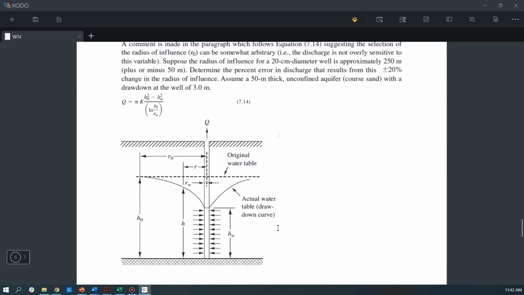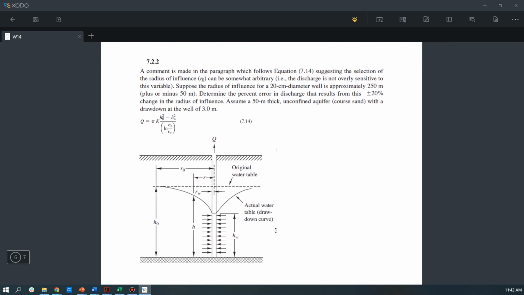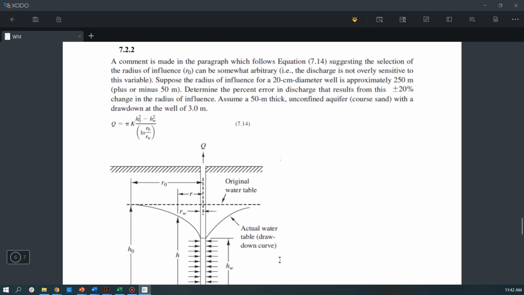Okay, so let's look at the next question. So in problem 7.2.2, it shows that a comment is made in a paragraph which follows equation 7.14, suggesting the selection of the radius of influence R0 can be somewhat arbitrary.